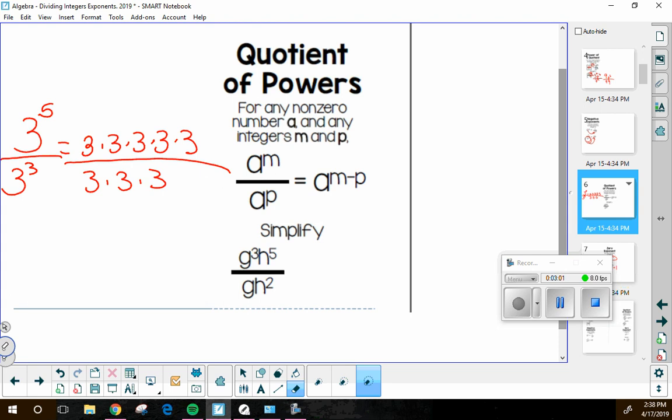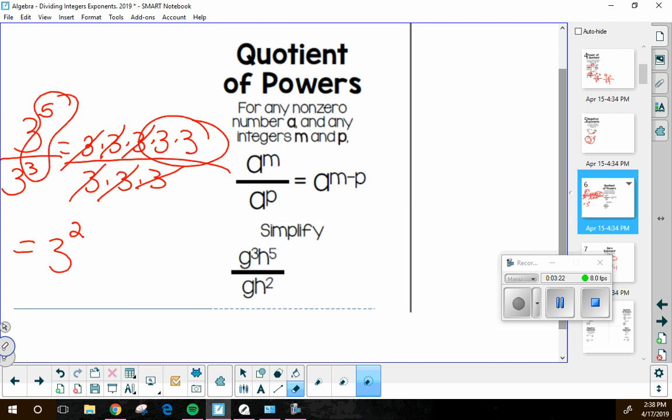Well, what do you do when you have the same numbers over each other in a fraction? Yeah, you can cancel them out. So we'll cancel those out. And how many 3's do we have left? 2. So that equals 3 squared. So you can already see, what do I do to the exponents in a quotient like this? I just subtract.